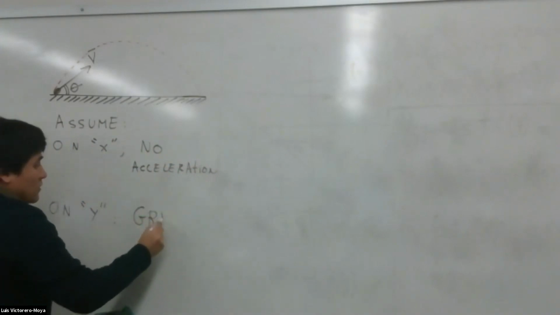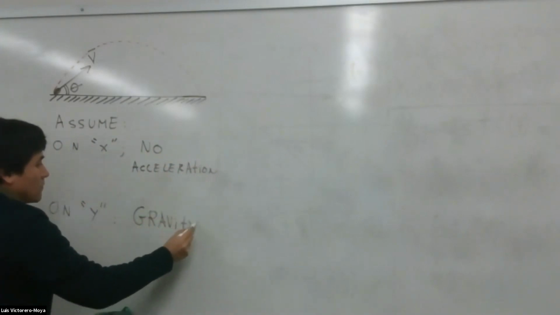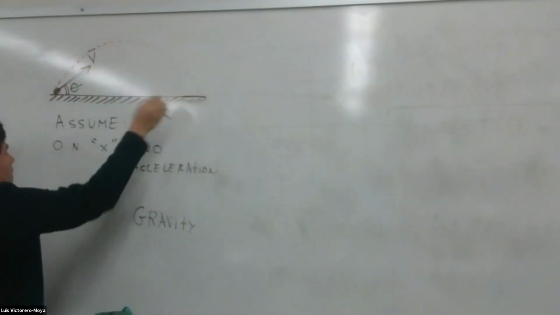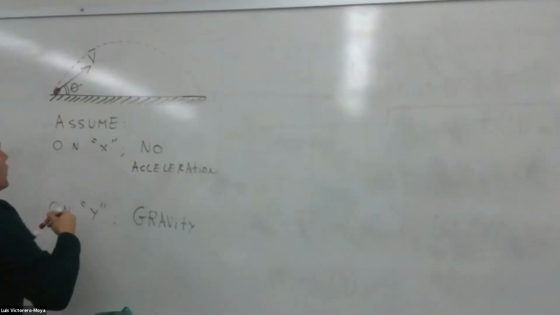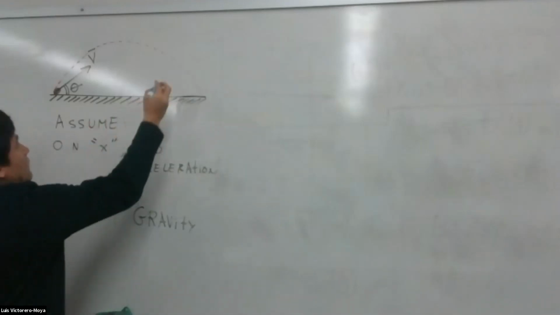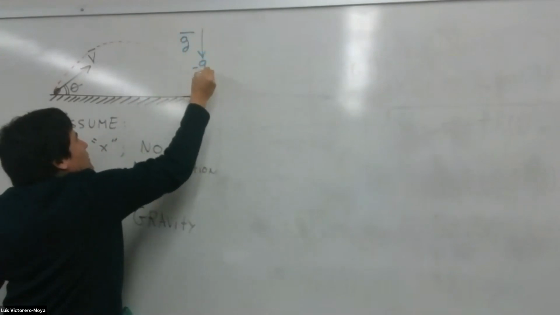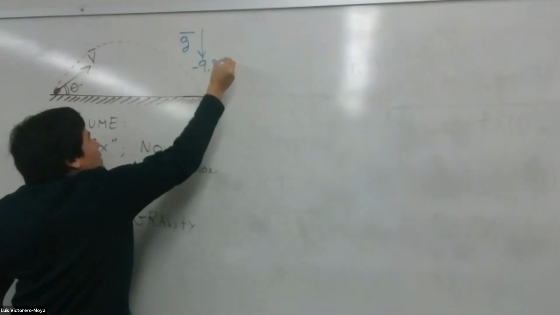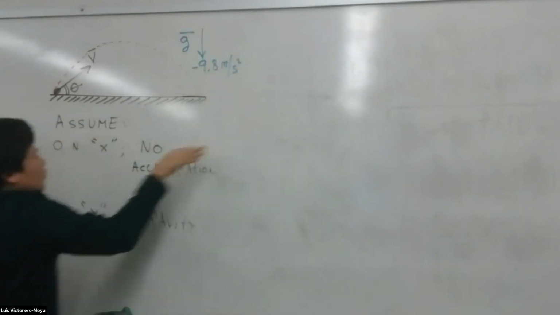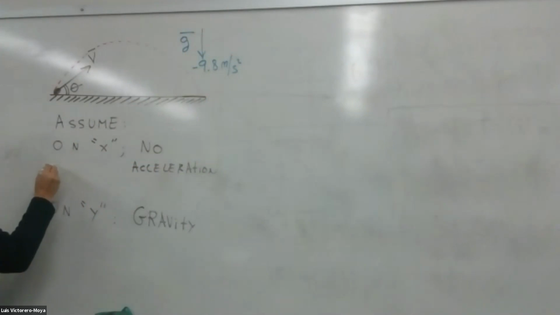So there is acceleration. Gravity is affecting it, making it slow down and then go down. So we should put gravity here. What you have here, guys, is a combination of uniform motion on the horizontal and free fall on the vertical.